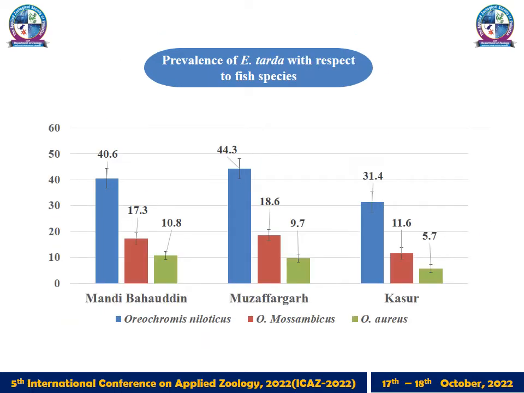And this shows the prevalence of E. tarda with respect to fish species, and maximum prevalence was recorded in Oreochromis niloticus, which was 44.3% in the fish farms of Muzaffargarh.